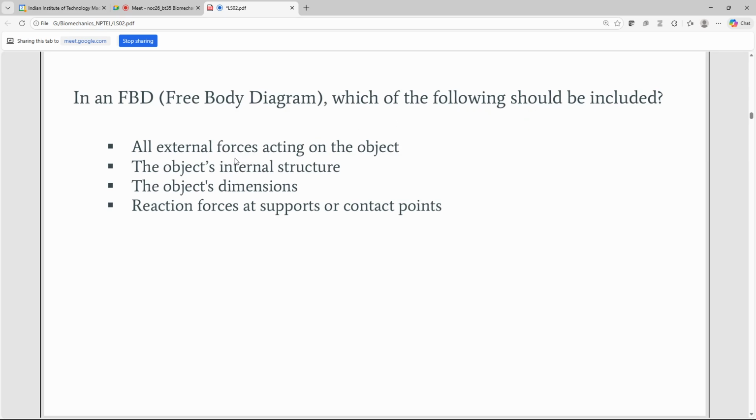Options are: A, all external forces acting on the object. Option B, object's internal structure. Option C, object's dimensions. Option D, reaction forces at supports or contact points.